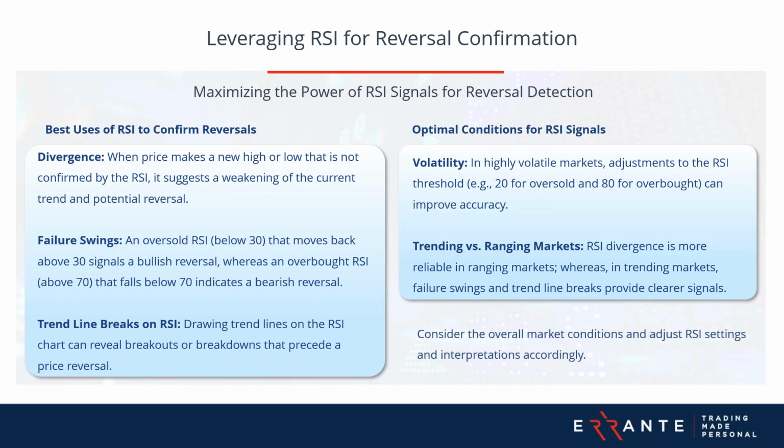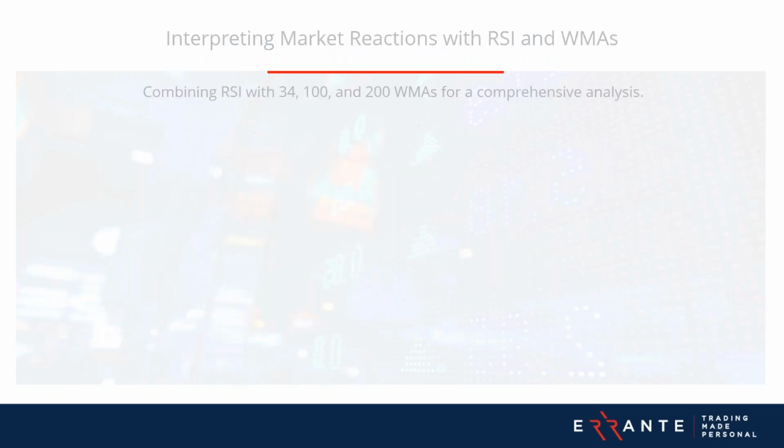In other words, to maximize the RSI's potential, it should never be used in isolation. Combining RSI signals with other indicators and analysis tools can significantly improve the accuracy of your reversal predictions.